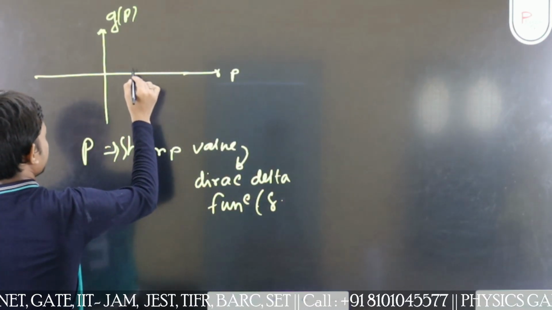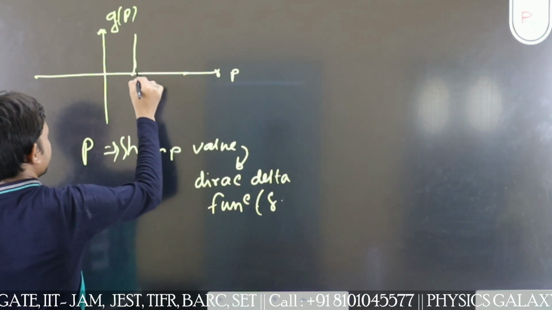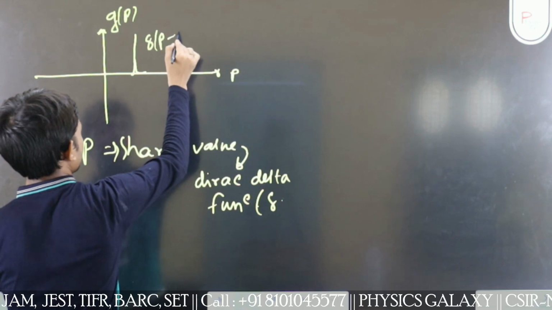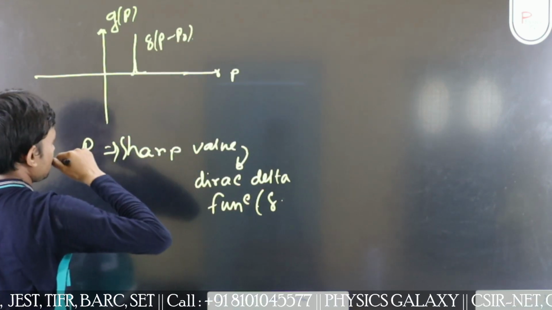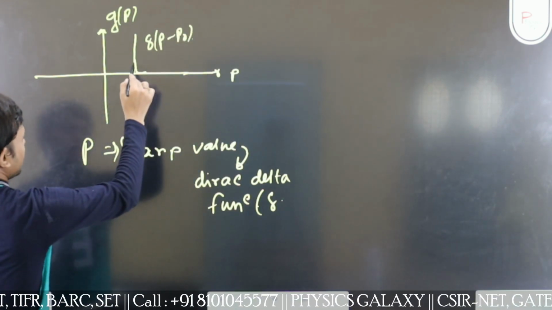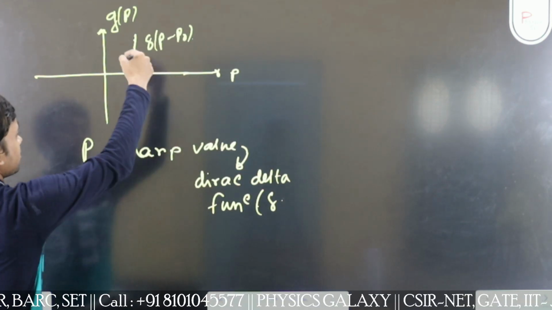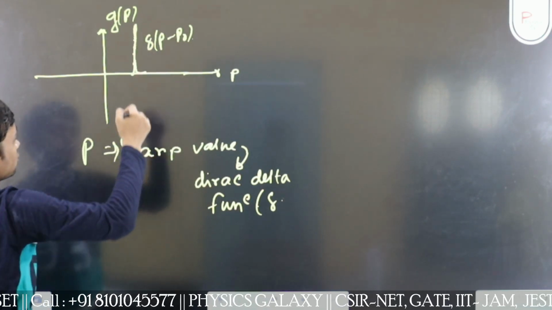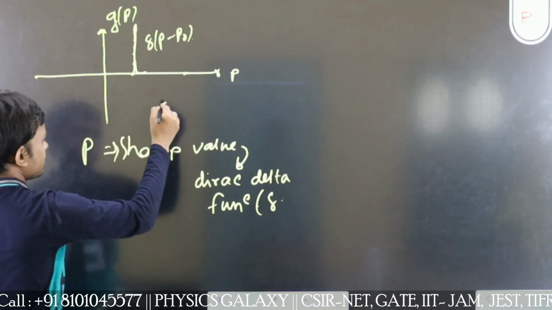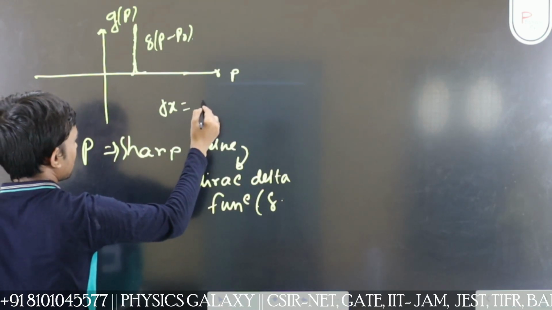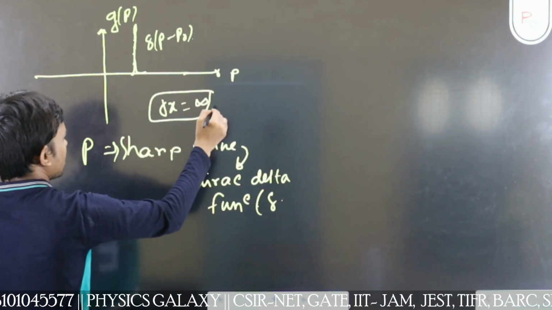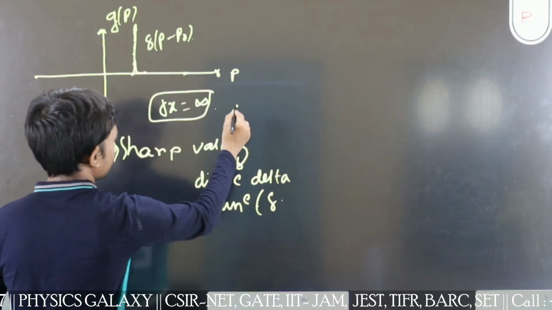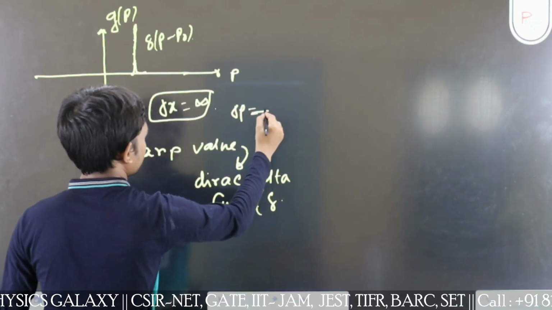We assume this is the point where it is the Dirac delta function at some value p naught, and here every point represents a value of the position. There is an infinite value of the position, which means there is infinite uncertainty in the position, but the momentum uncertainty tends to 0.